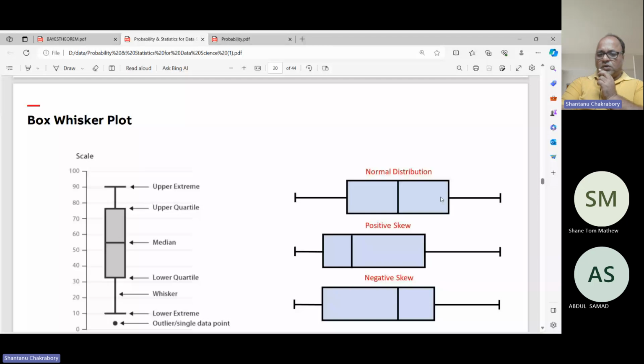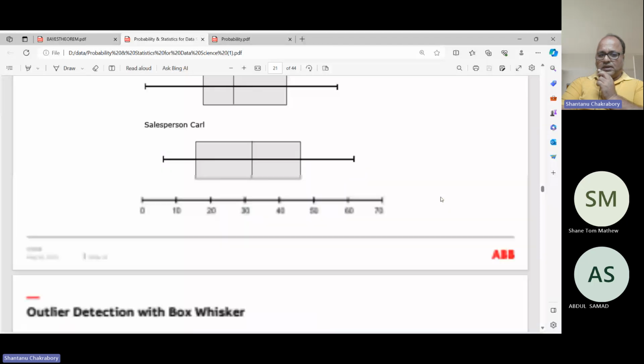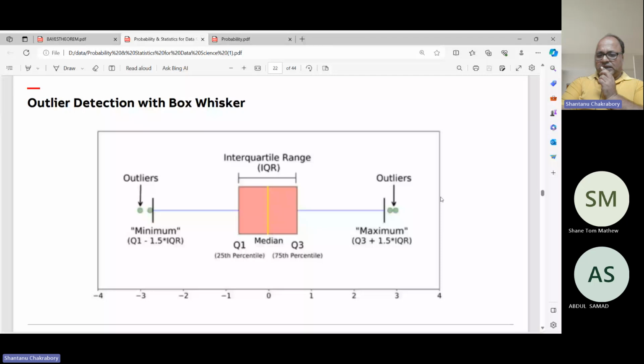So normal distribution, positively skewed distribution, negatively skewed distribution, all this as a part of a box plot. Outlier detection, we have detected the outliers using the maximum and the minimum. That is how we use the box plot, right? So this is what we have done with the box plot.